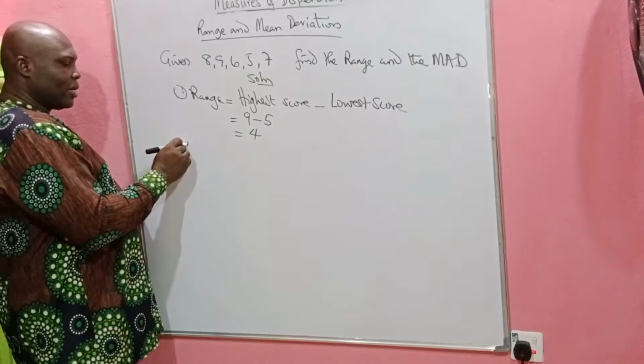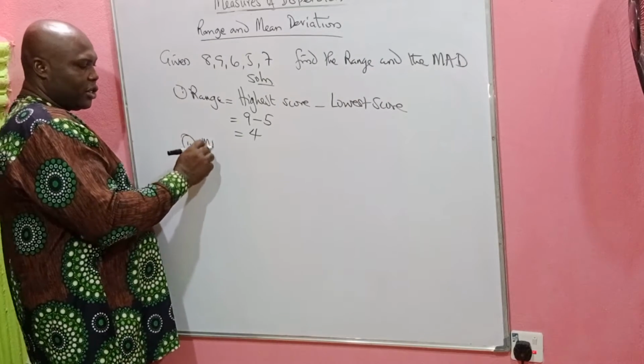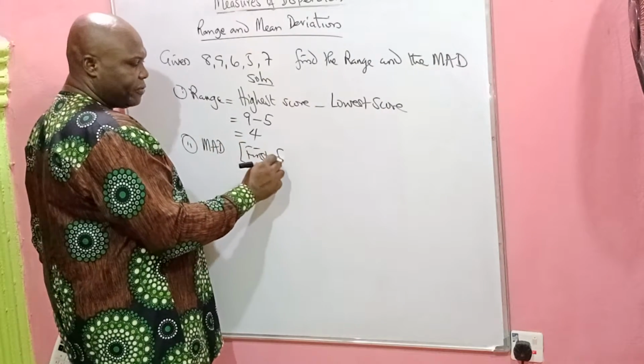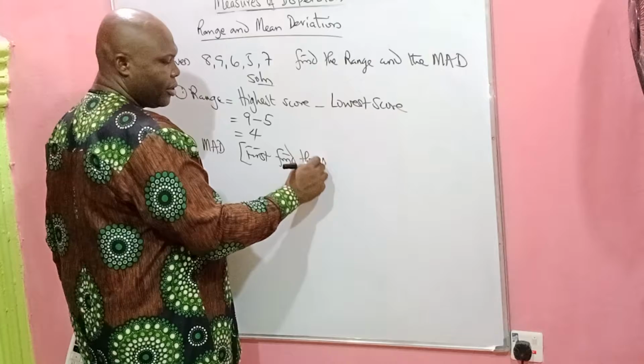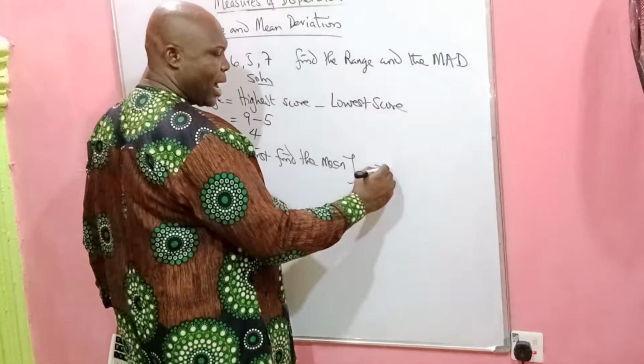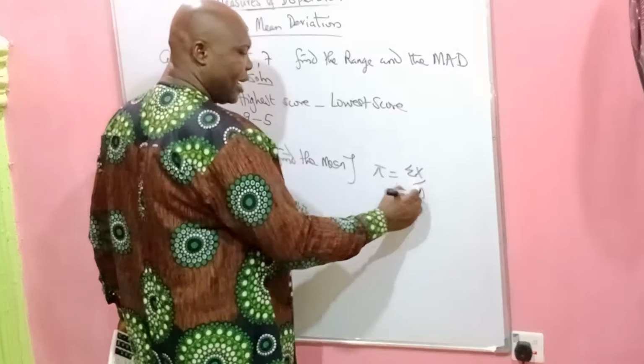Okay, but if you are asked to find the mean absolute deviation, first we need to find the mean. Compute the mean first. Of course, we say the mean x bar is summation x all over n.